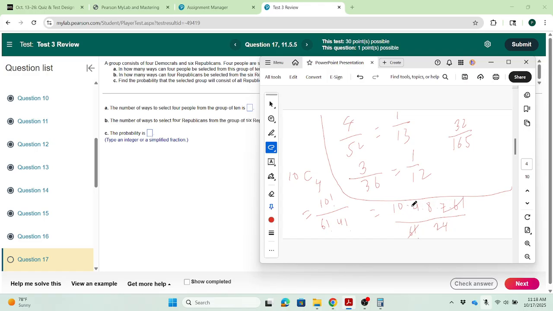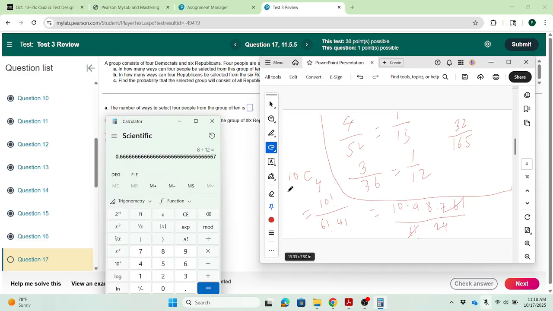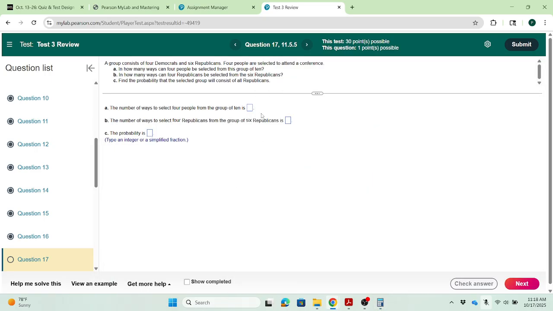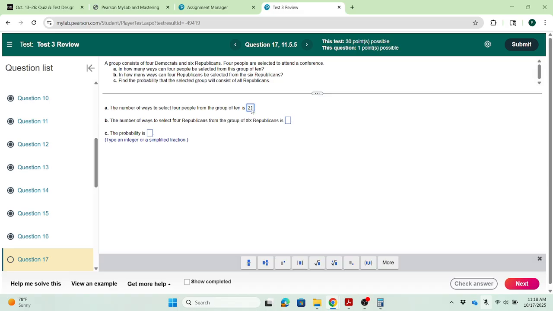So 10 times 9 times 8 times 7 divided by 24 is 210 different ways you can select 4 members out of the group of 10. That is part A.